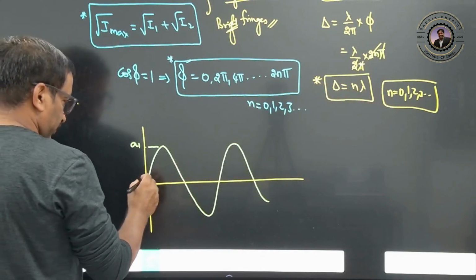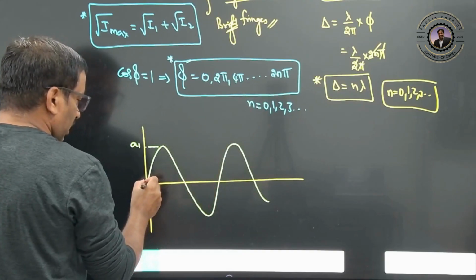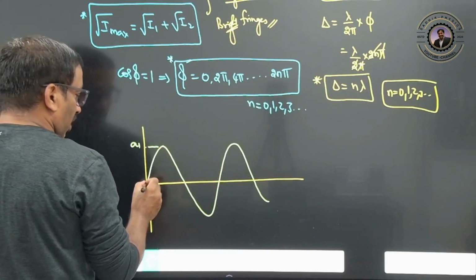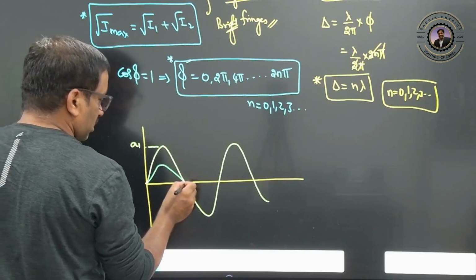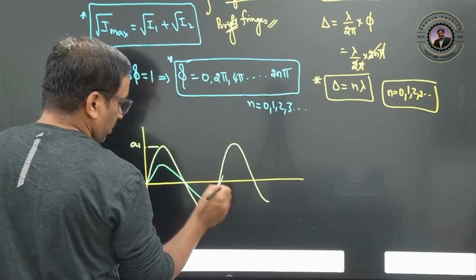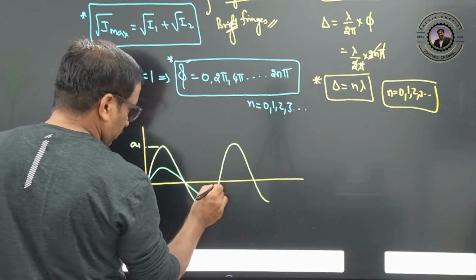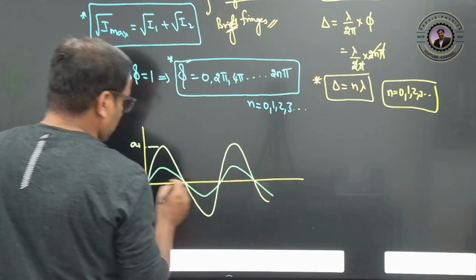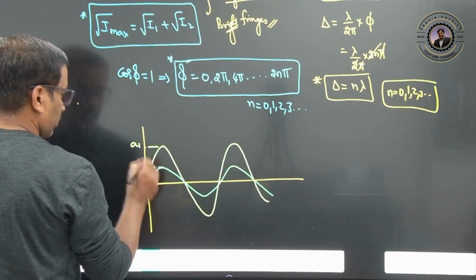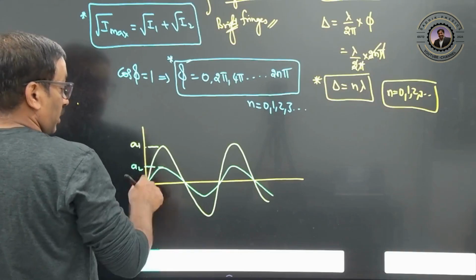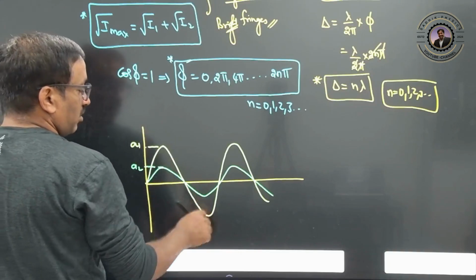Path difference is 0 means they travel parallel. Suppose this is A2. When crest and crest fall on this, trough and trough are going to fall.